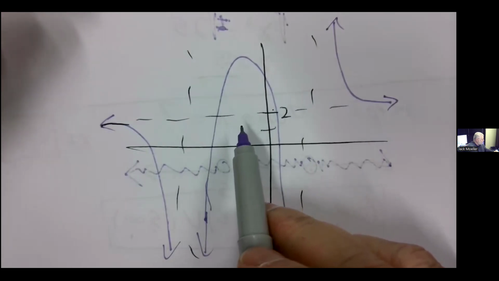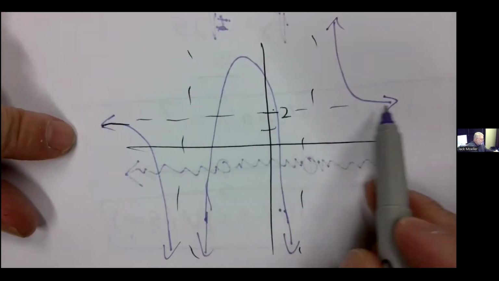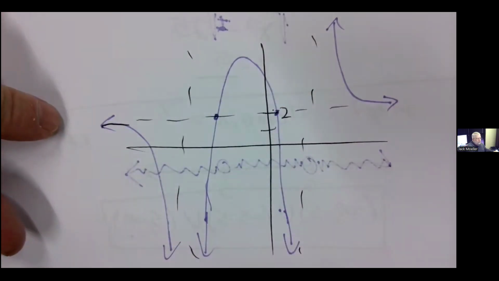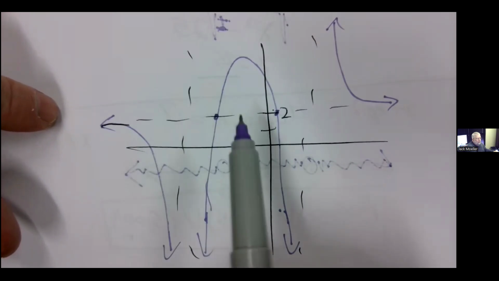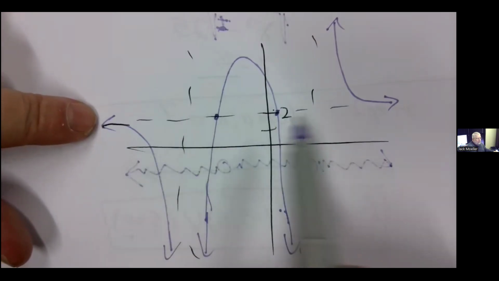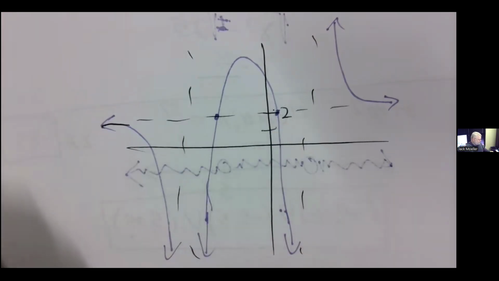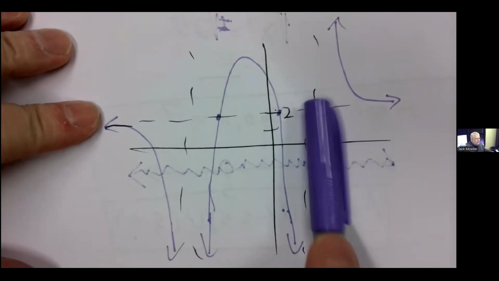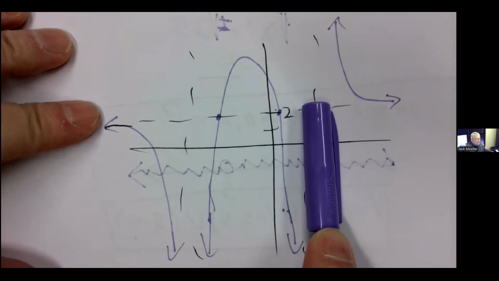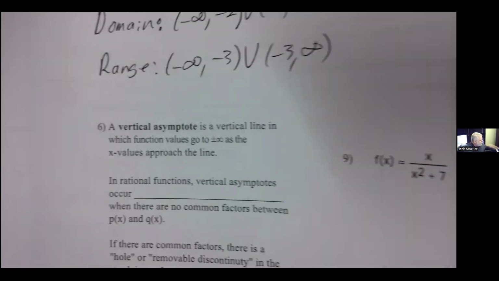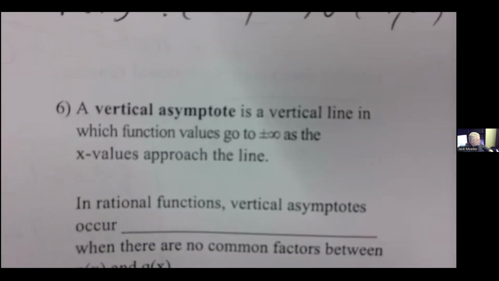So without the middle piece, the range would be from negative infinity to 2 and then 2 to infinity. But this piece here actually does cross y equals 2. So there is no gap in the y values because the gap at the horizontal asymptote is covered by this piece. But if there's any place you have a vertical asymptote, there's always going to be a gap in your domain. 100%. Okay. So we'll talk more about that towards the end of this when we start putting it all together.